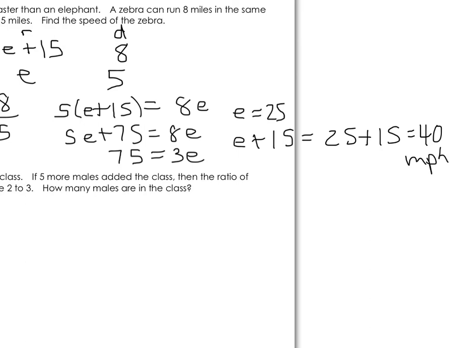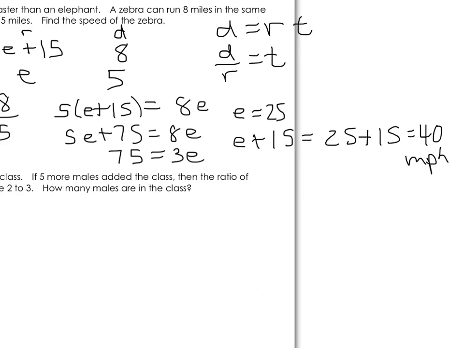Now, there's another way we could have set this problem up. I want to talk about that for a minute. You could have thought, what is the relationship between distance and rate? We know that distance is rate times time, and distance divided by rate equals time. And it says that they're running in the same amount of time.